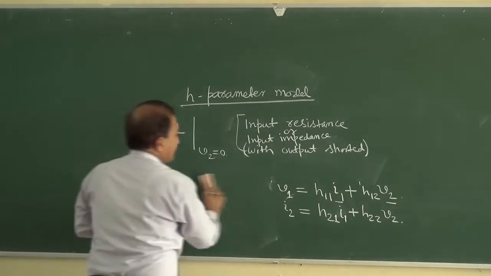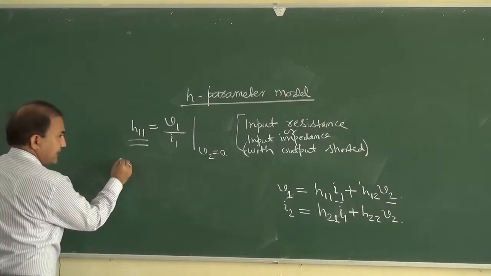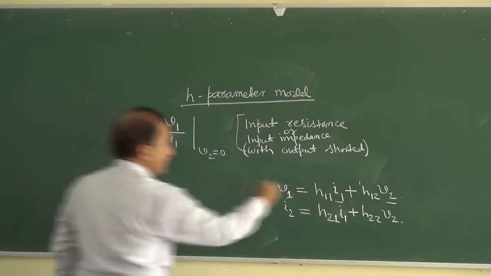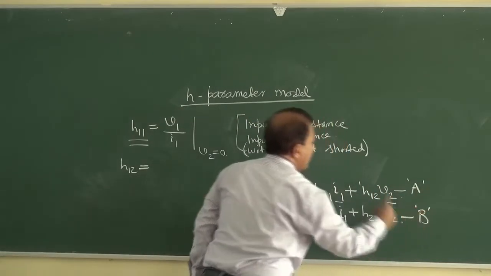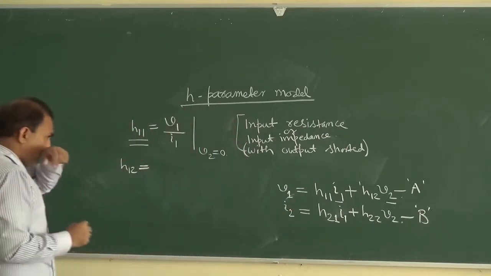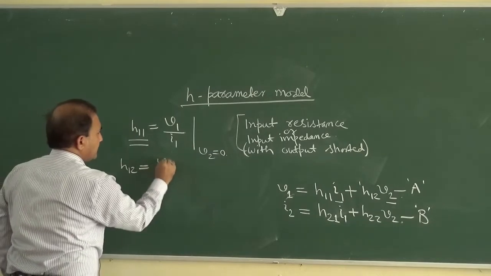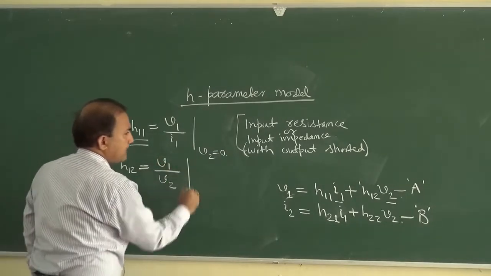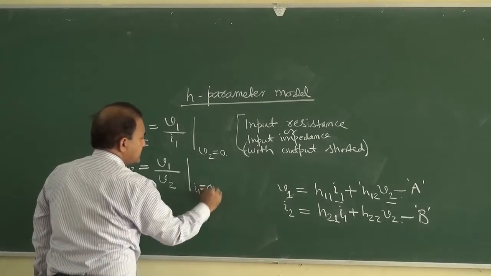Then we can express H12. Suppose this is equation A and this is equation B. From equation A we can get H12, it is equal to V1 divided by V2 when I1 is equal to 0.